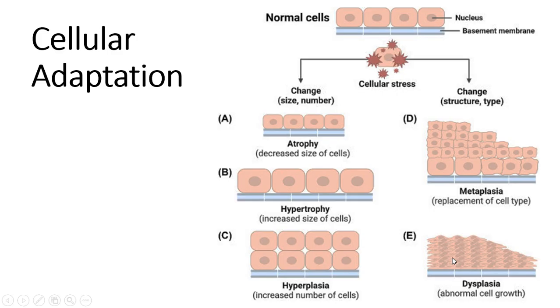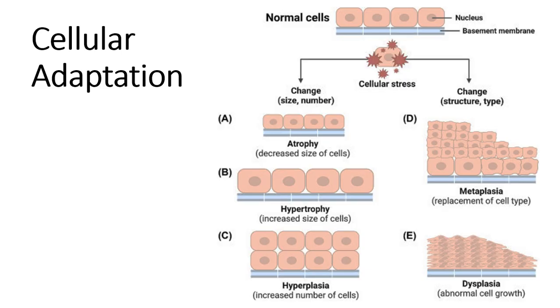And then changes in the structures of cells can be seen as well in cases of dysplasia. Dysplasia is disarranged growth patterns of cells. Here you can see this is an abnormal cell growth.